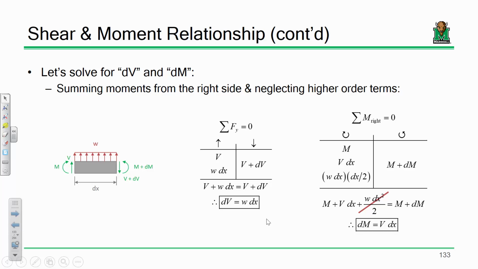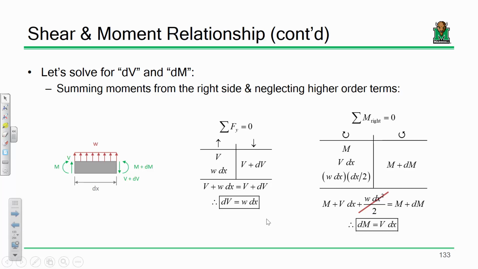Now, in order to make my life a little easier, I'm going to sum moments about the right side of this element. Everything spinning clockwise has got to equal everything spinning counterclockwise. So what do I have? Well, I've got moment M spinning clockwise. I've got V times dx spinning counterclockwise, and I've got this load spinning counterclockwise.